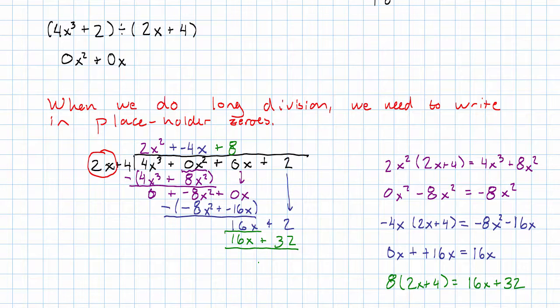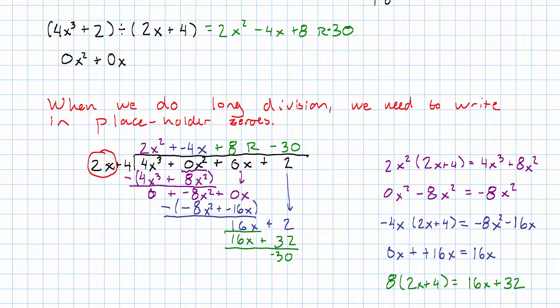So 2 minus 32, that's negative 30. My remainder will be negative 30. So my division gave me 2x squared minus 4x plus 8, remainder negative 30. So the key point here, we need to fill in the placeholder zeros.